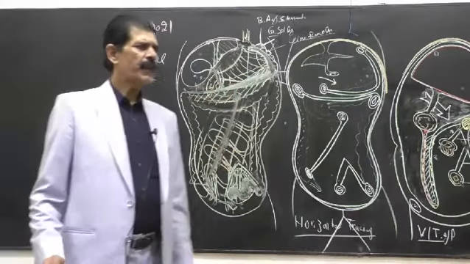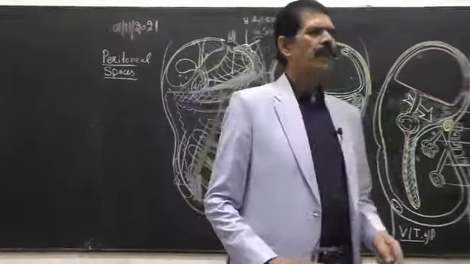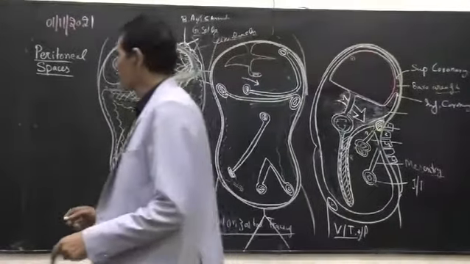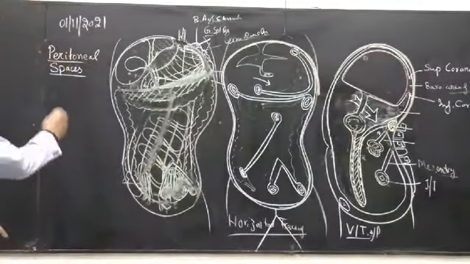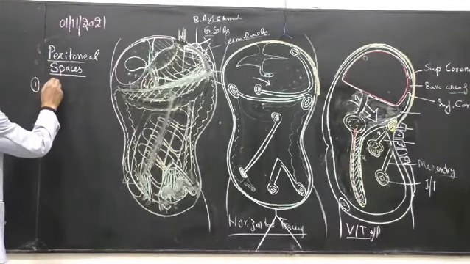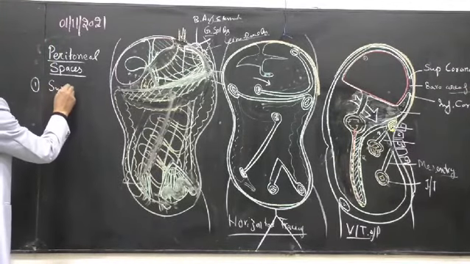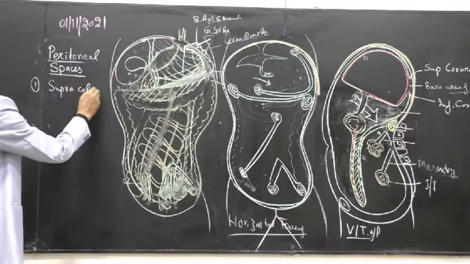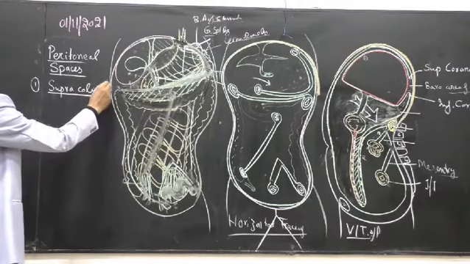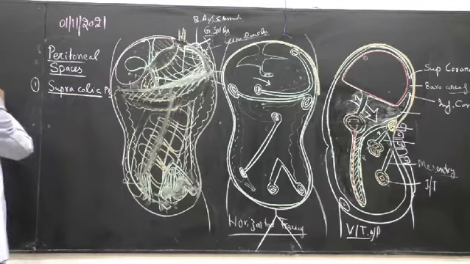Now the peritoneal spaces are broadly divided into two parts, two regions, two categories. Number one is called supracolic peritoneal spaces, and second is the infracolic.